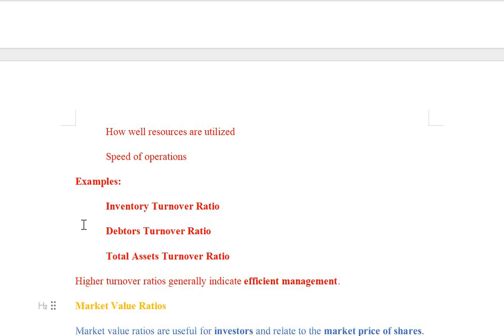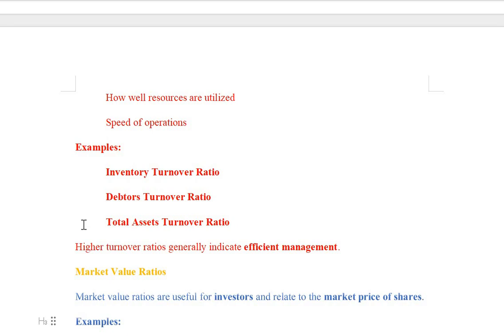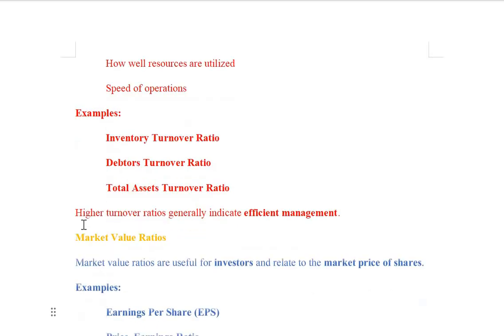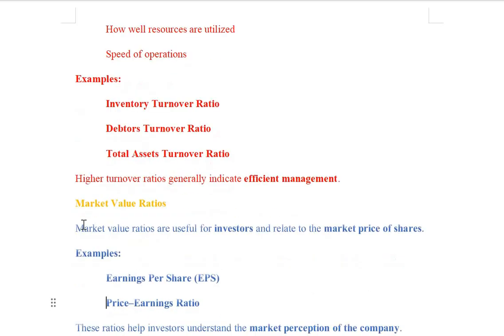Number one will be inventory turnover ratio, debtor turnover ratio, creditor turnover ratio, total asset turnover ratio, capital turnover ratio, working capital turnover ratio. Like this, we are calculating the various ratios under the turnover ratio.